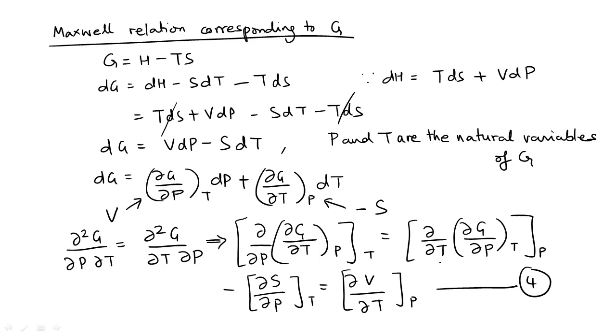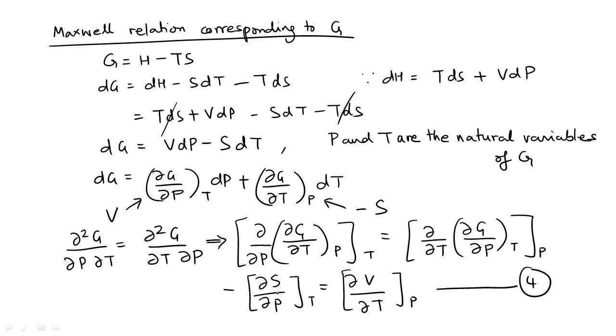The third and fourth Maxwell relations are very useful because the variables held constant in them, in equation 4, temperature and pressure, are more experimentally controllable than entropy and volume, which are held constant in equation 1, or entropy and pressure in equation 2.